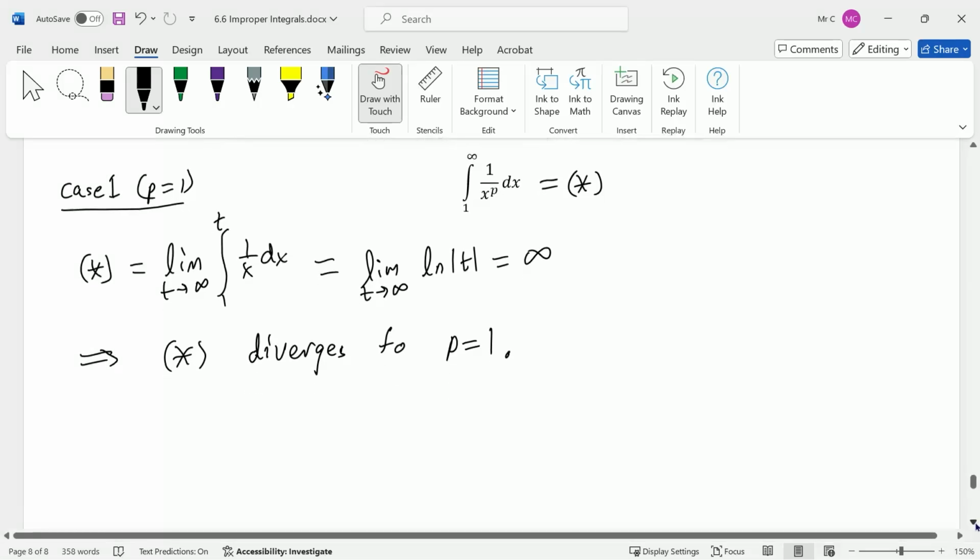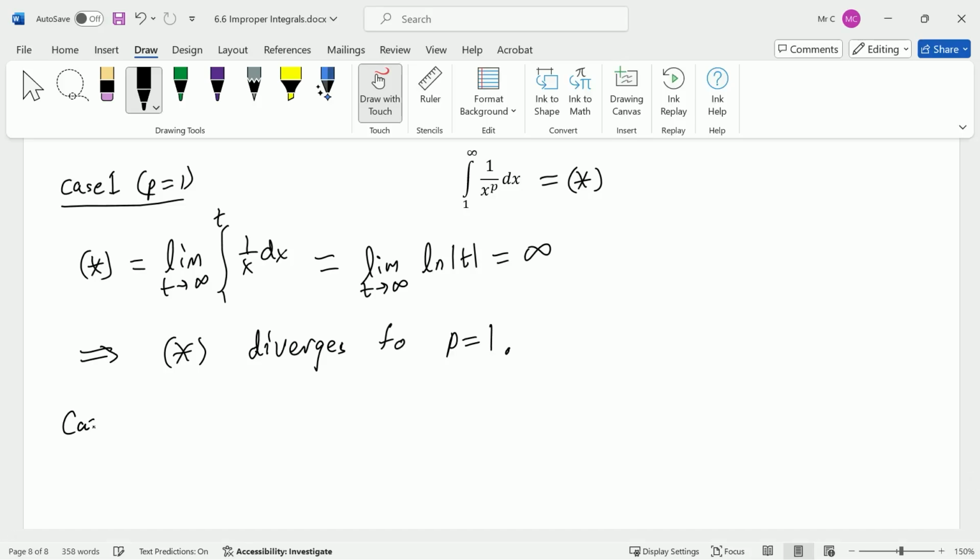Okay, so now we'll look at both case 2 and 3, and we're going to split those up after we do a little bit of work first. So here, p is not 1. So when I rewrite my integral, it becomes the limit as t goes to infinity of the integral from 1 to t, and we're going to write it as x to the negative p power.